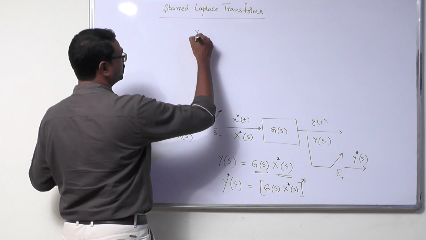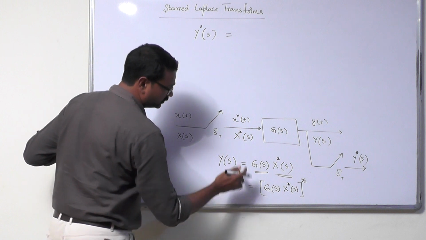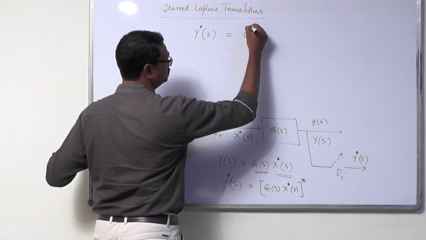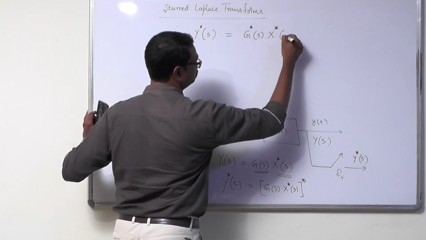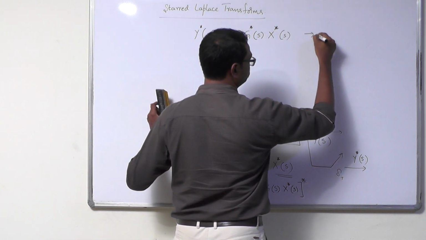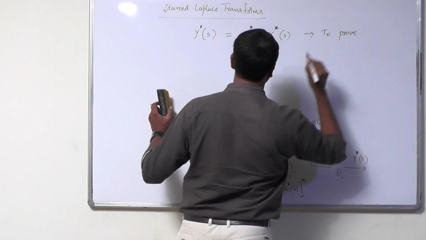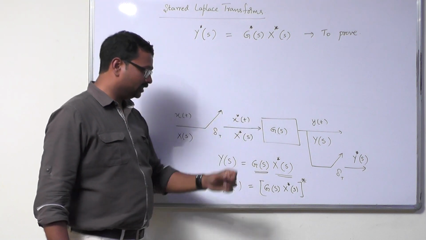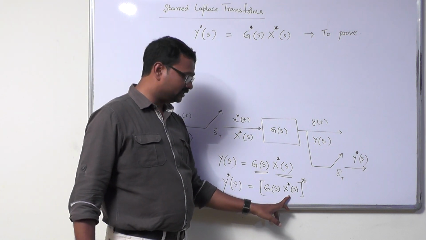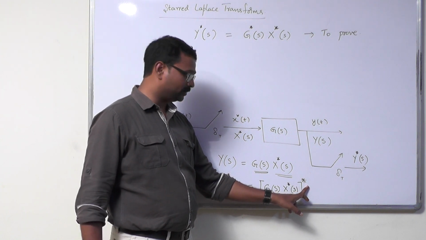With this in mind, let us see what Y*(s) is. This is G*(s) into X*(s). Now we have to prove this. We have to prove that Y*(s) is equal to G*(s) into X*(s). Here X* is already a sampled data signal, and star indicates sampling.